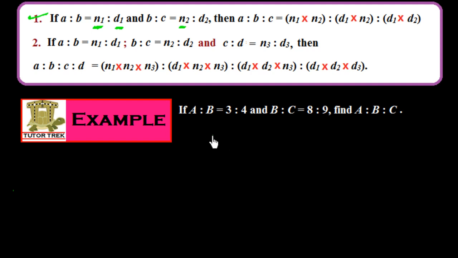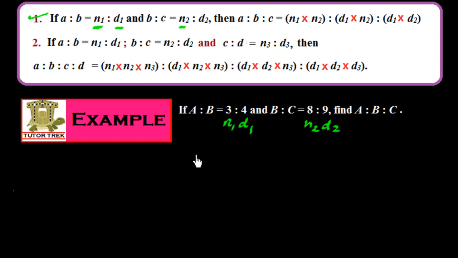The short trick is very simple. This is our n1, and this is our d1. Here n is denoting the numerator and d is denoting the denominator. This is n2 and d2.